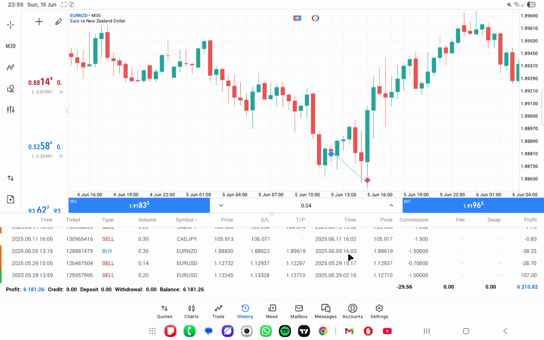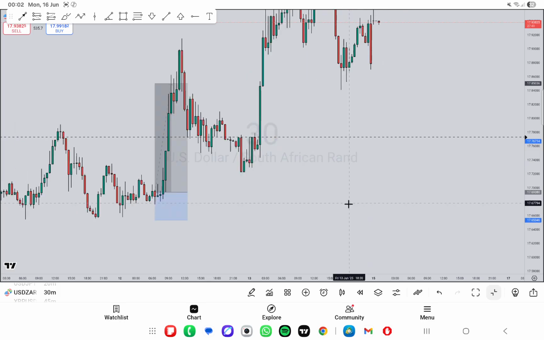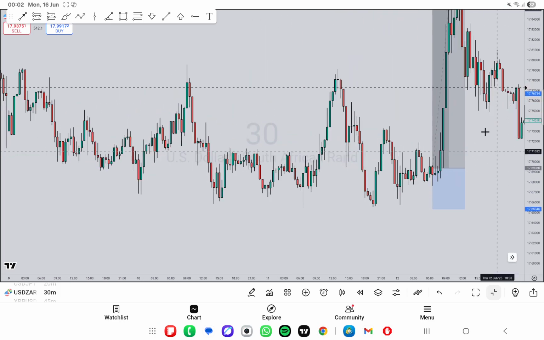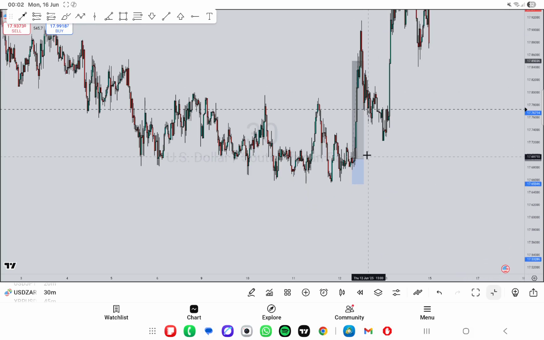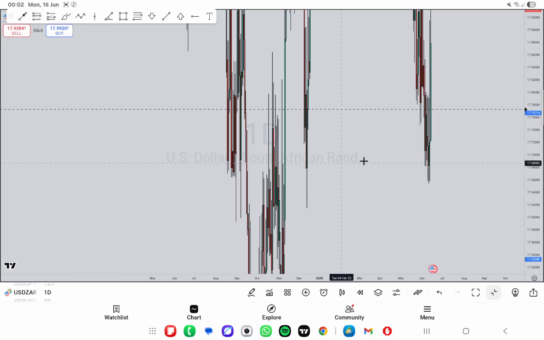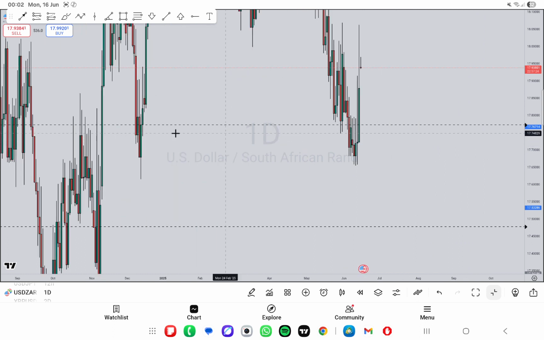So after this, I took the following trade. This is the other trade that I took on the rand to the dollar. Pretty much here the idea came from this level here.